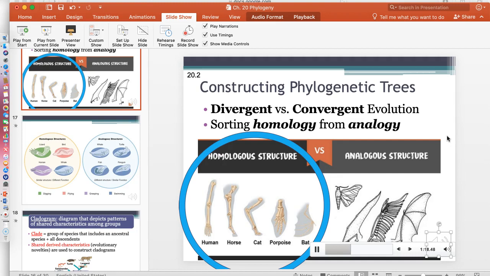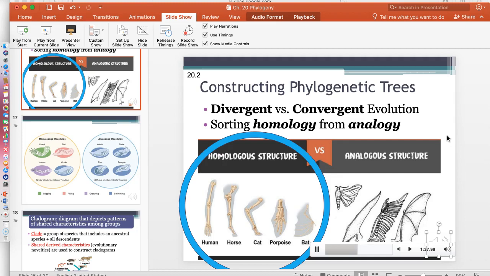Convergent evolution is the idea that you have an organ or groups of organisms that did not descend from a common ancestor, but throughout time, these organisms had similar problems in similar environments.